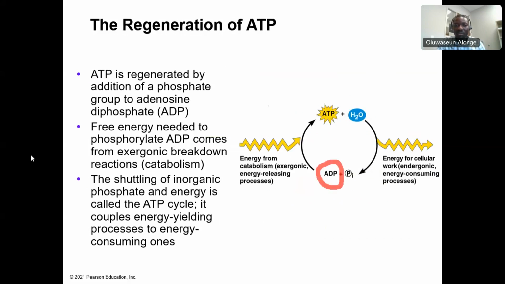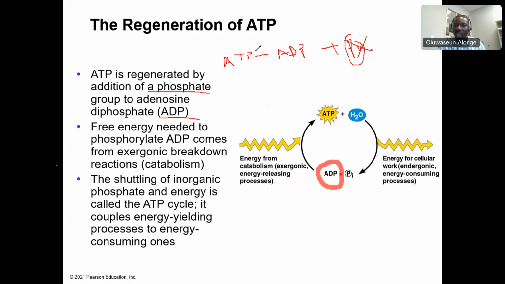So if I want to regenerate, I had this reaction before, right? I had ATP that split to give me ADP plus a phosphate, which is already used up. This is already used up, not available again.